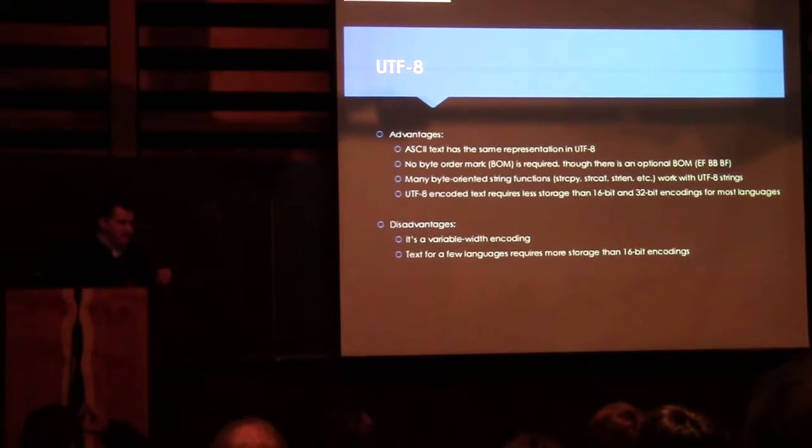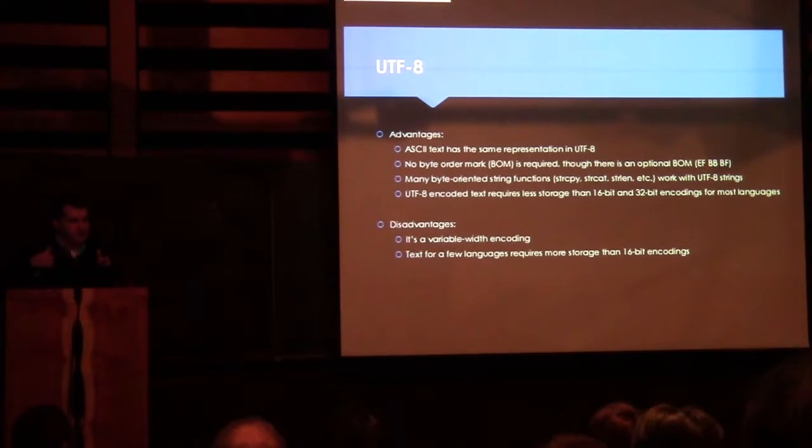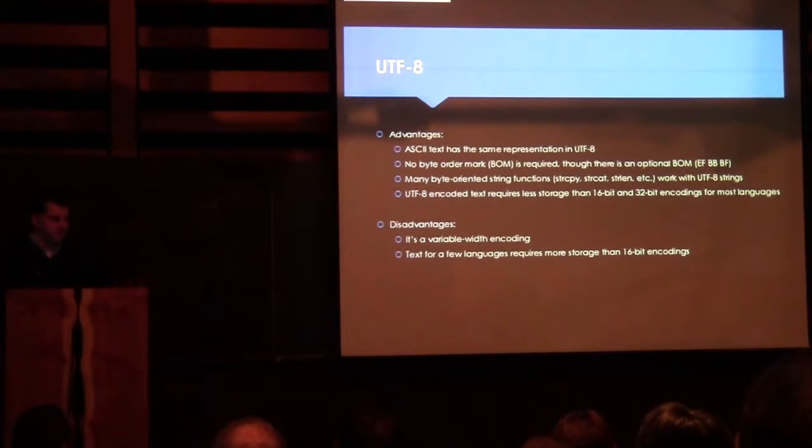That sequence of bytes is what you get if you take the byte order mark code point, FEFF, and encode it using the UTF-8 rules that we just looked at. So many byte-oriented string functions still work with this. strcpy, strcat, strlen, these kinds of things still work with these strings because, again, their code unit is a single byte.